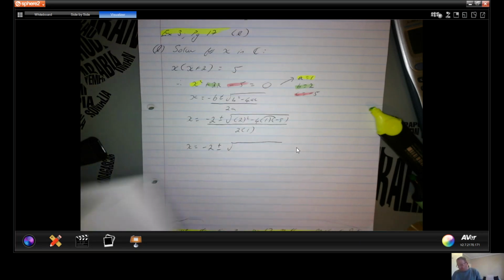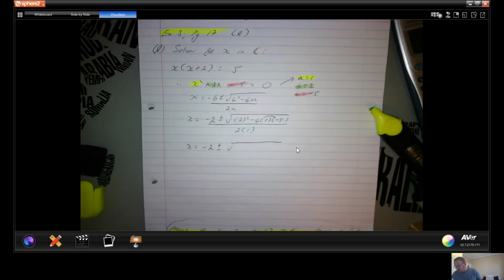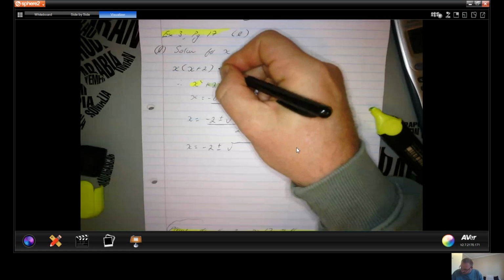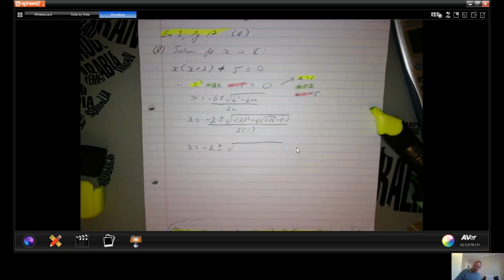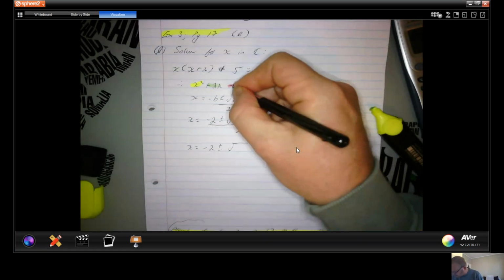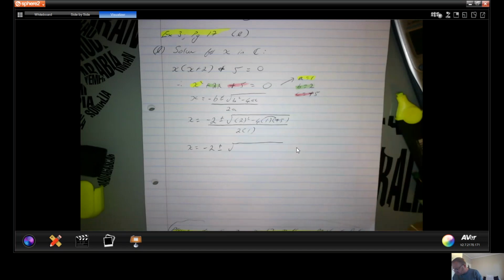Exercise 3, page 17, L, sorry about the delay. It's x times x plus 2, plus 5 is equal to 0. Hopefully you're all squealing at me. So you get x squared plus 2x plus 5, so that's plus 5, apologies.